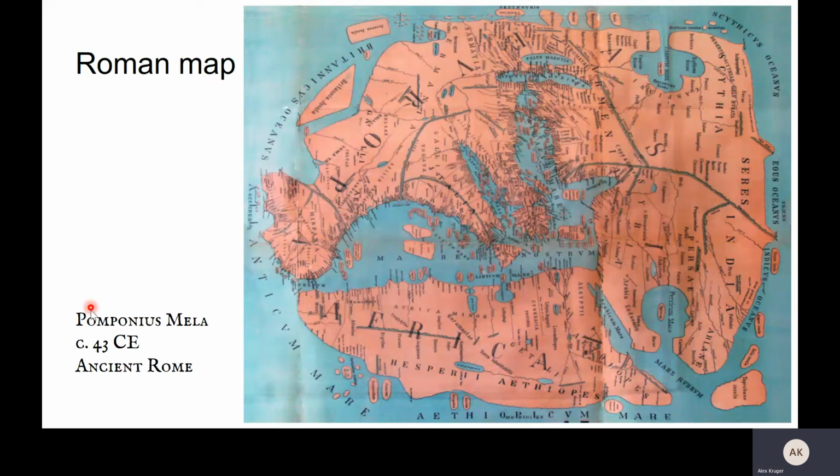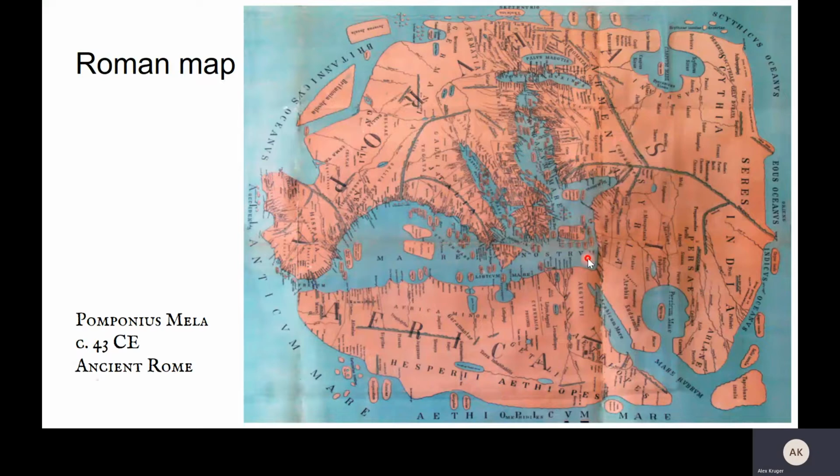Here we go. This is a few years after the Common Era, so ancient Rome. Their map was actually pretty decent. You can see Spain here, France, they got Germany. This is Italy. This is Greece. That's Turkey right here, Anatolia, and Armenia.